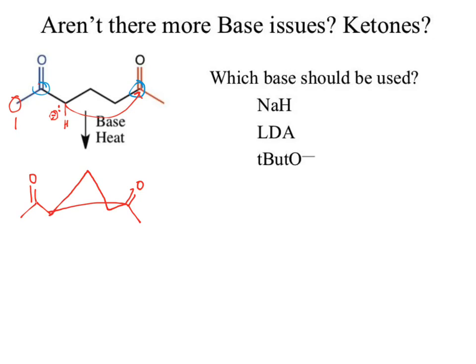We might say, what's our problem here? 1, 2, 3, 4. Four things means a square. At position 1, what do I have? The ketone coming off. What do I have at position 4?